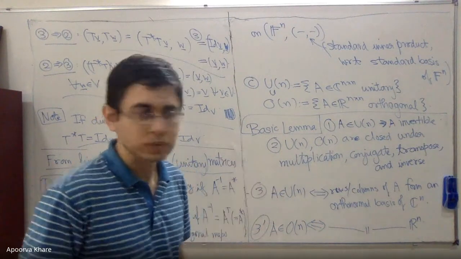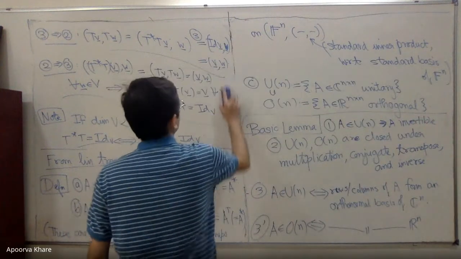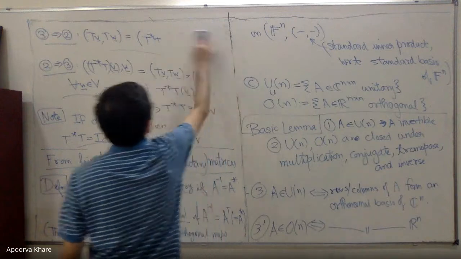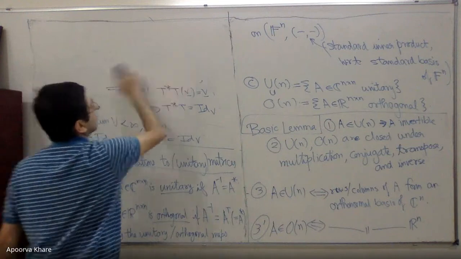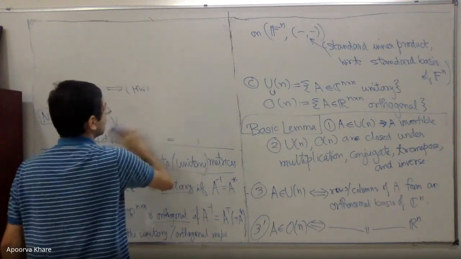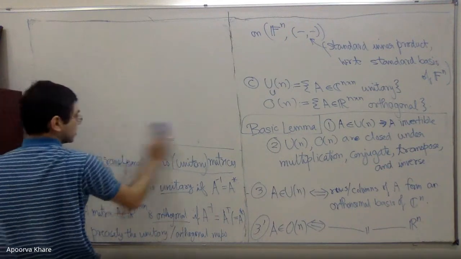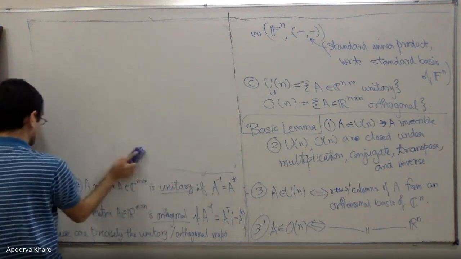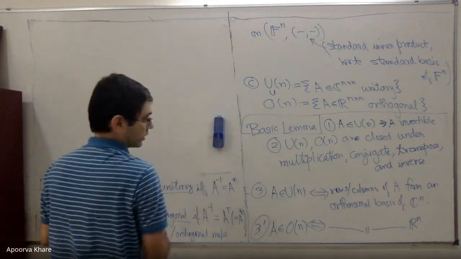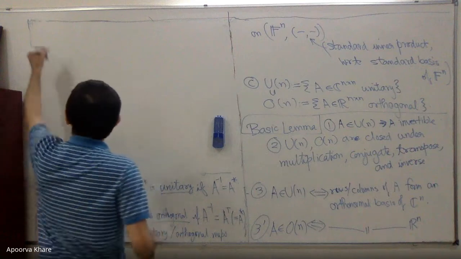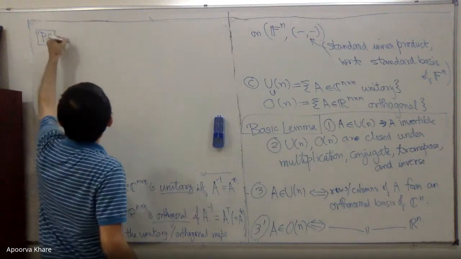So now let's prove this, and then go on to normal matrices. So first of all, why is it invertible?